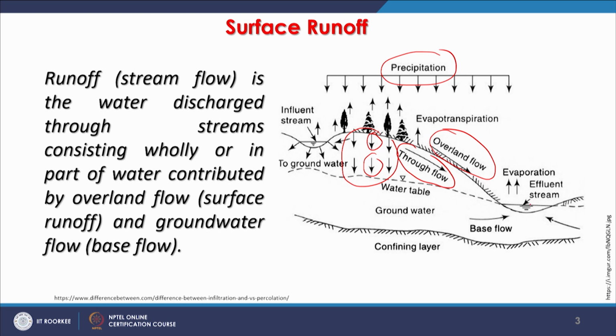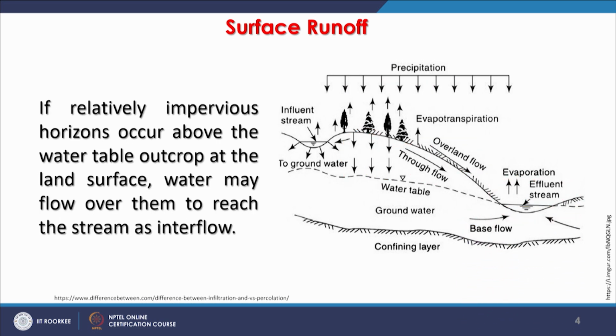This overland flow water will ultimately end up in a stream, and the stream in this example is shown as an effluent stream. That means it is getting water from the water table, so base flow is also coming, and of course the surface runoff will also contribute. So, the stream gets water from overland flow and from groundwater as well.